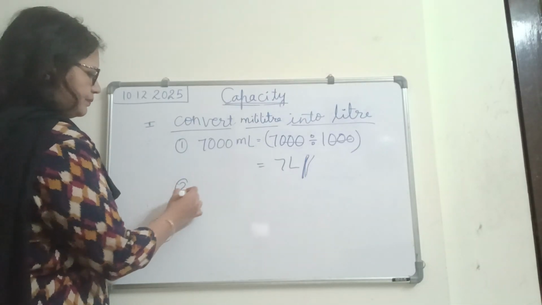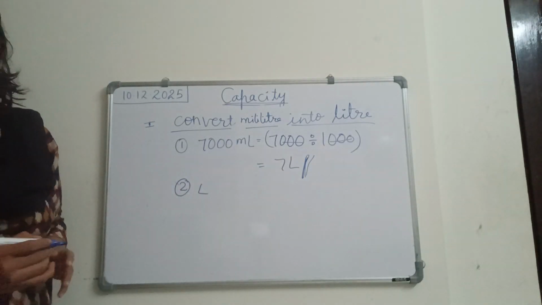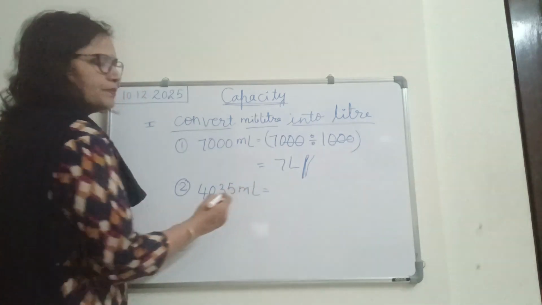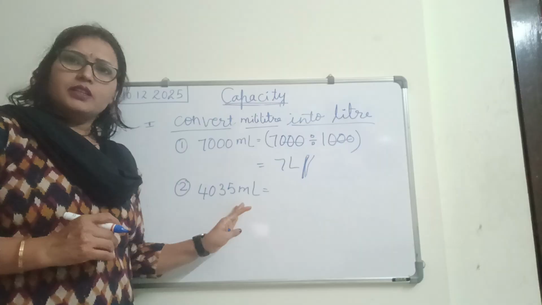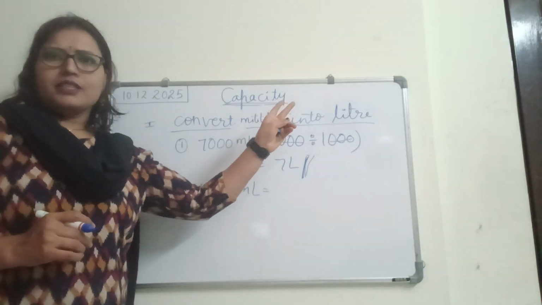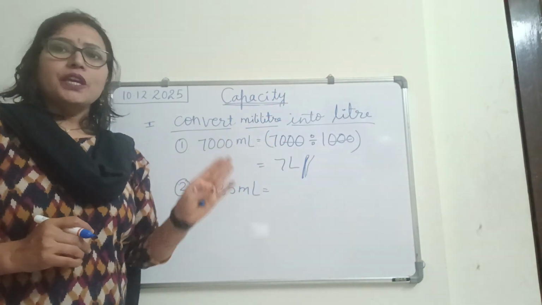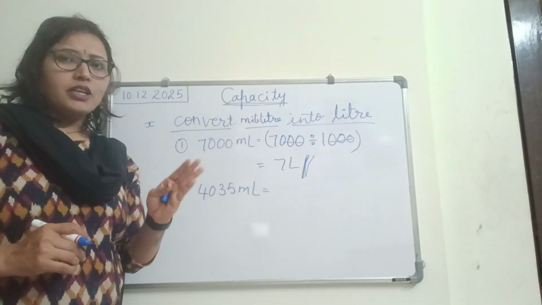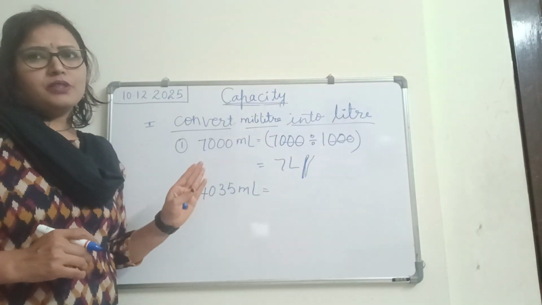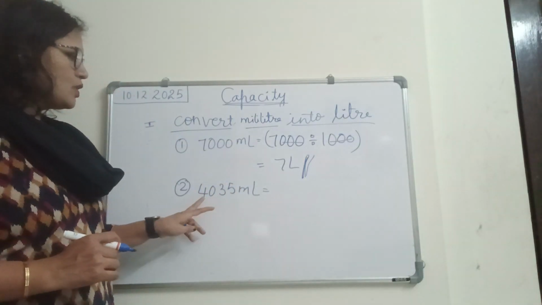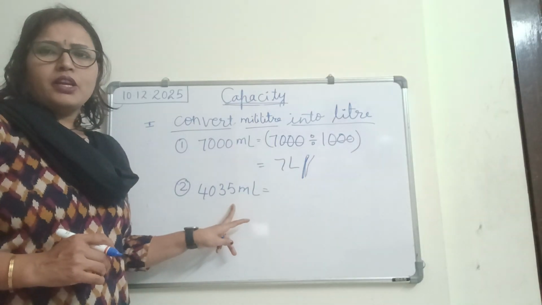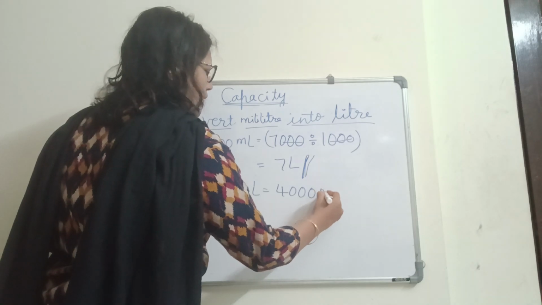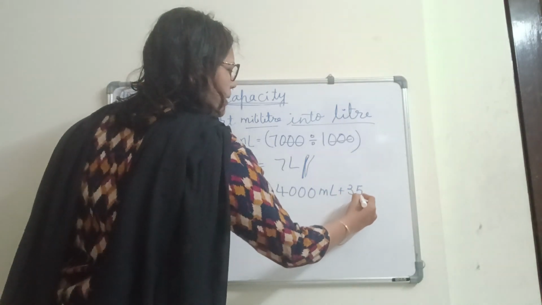Suppose here 4035 milliliter is given and they are asking you to convert into liter. In that case, first we have to expand this number in such a way that it's easy to divide. So here 4035. The whole number part is 4000 milliliter plus 35 milliliter.